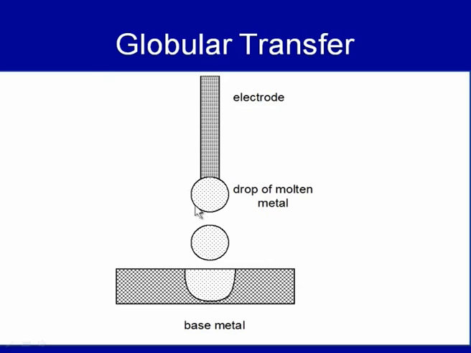So, this is the type of transfer where the molten metal drop is able to grow to a large extent so that it can detach on its own from the electrode tip, and that is why this is termed the globular transfer.